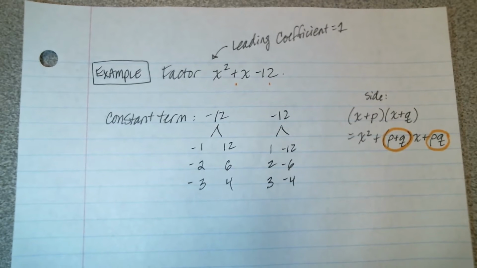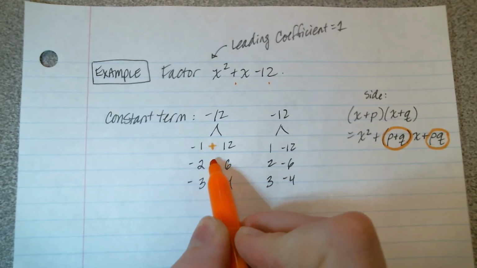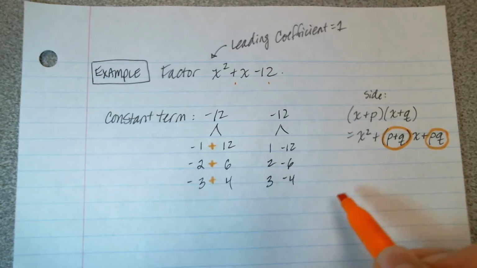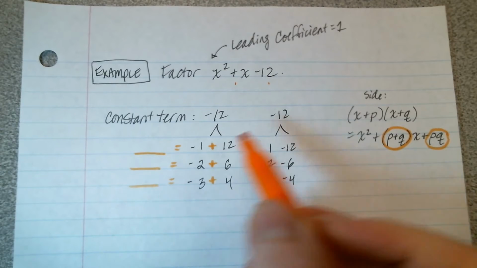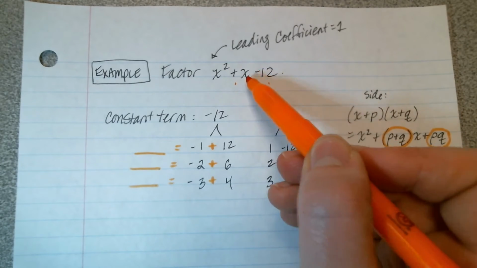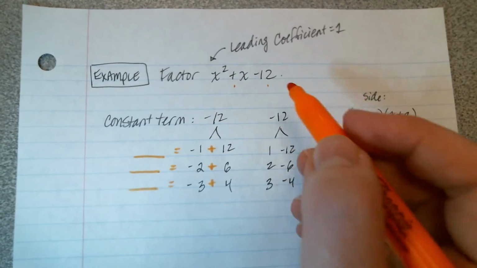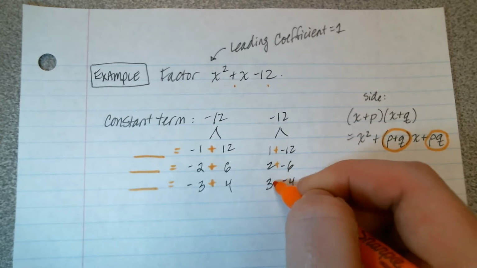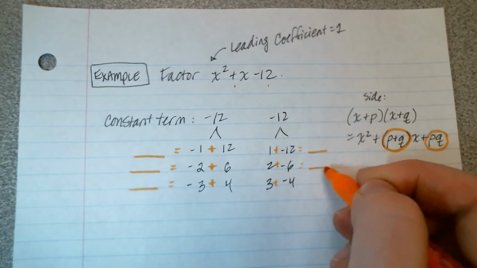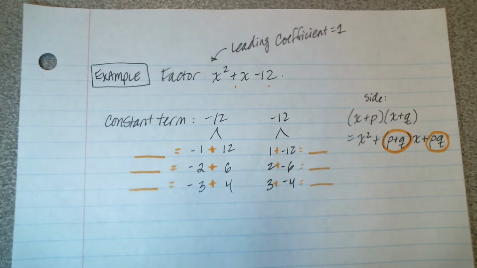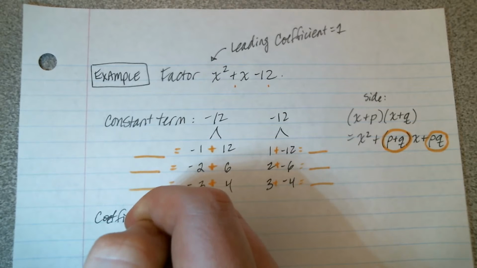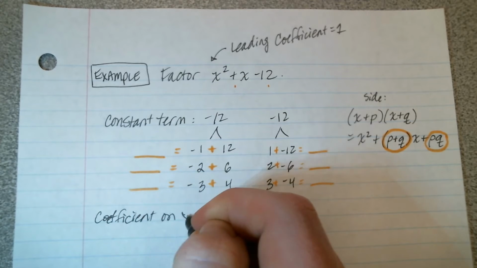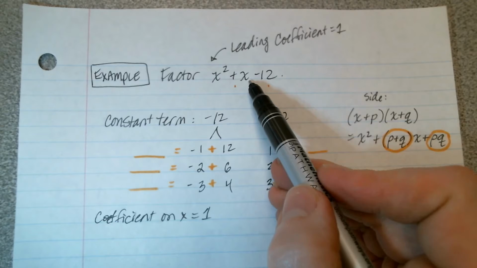So now what I'm going to do is come in and add these factors together to see if I get the coefficient on x, which in our example is 1. Okay, so the coefficient on x is a +1 right there.